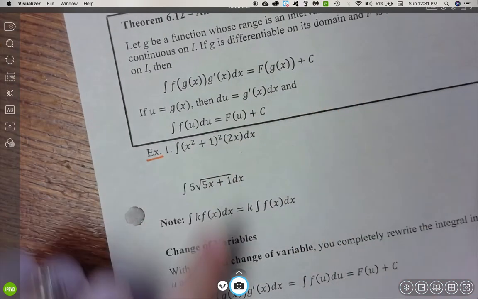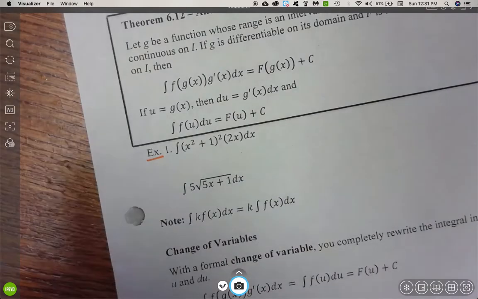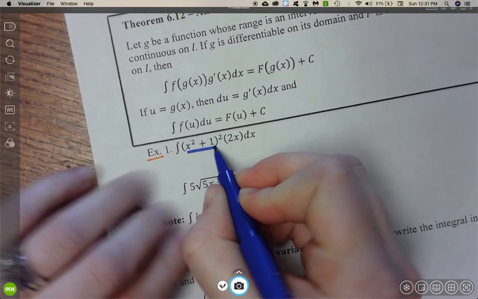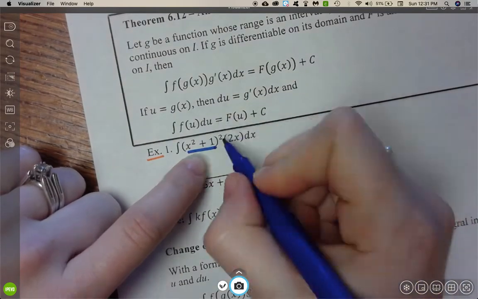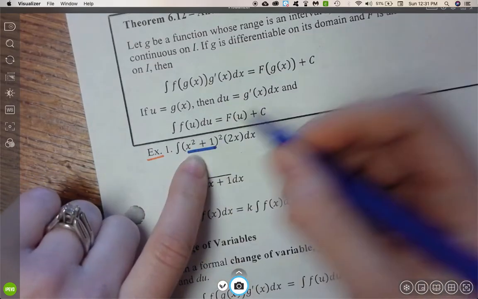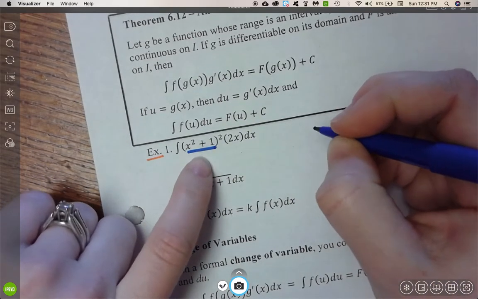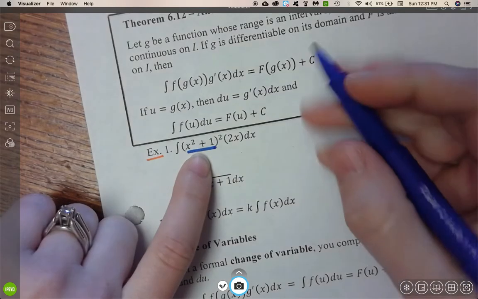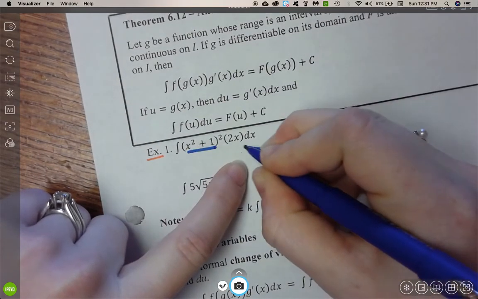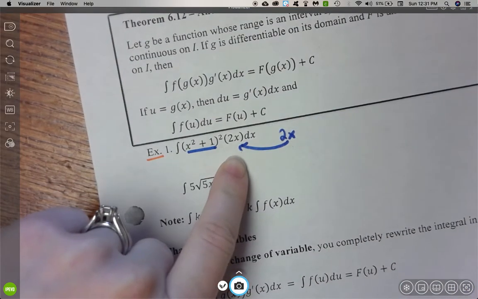For example, the composite part is this x squared plus 1. It is trapped inside of the square. If I take the derivative, not the antiderivative, of x squared plus 1, that is 2x, and the 1 just drops off. Notice that 2x actually shows up right there.